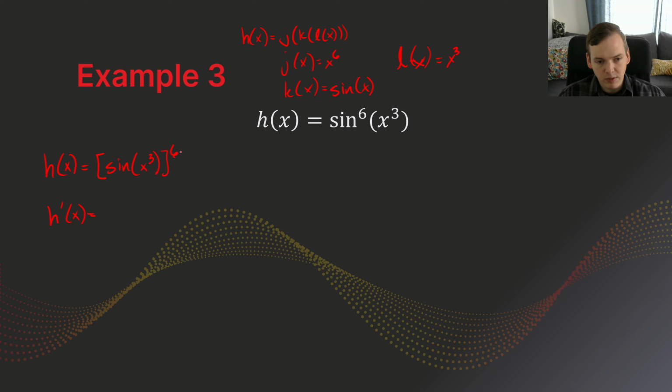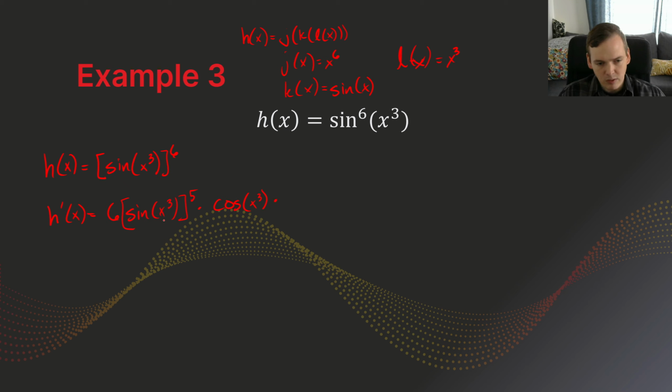So if we take the derivative first, we need to deal with the outer part, that 6 exponent. So we'll get 6 sine of x cubed. Again, we don't touch anything inside of the nested functions. Then we multiply by the derivative of the inner function, which is going to be cosine of x cubed. Again, don't touch anything inside.